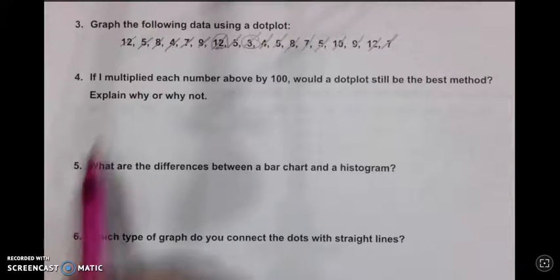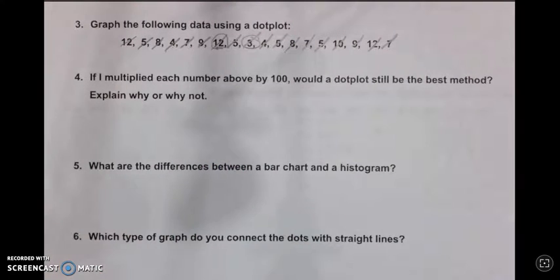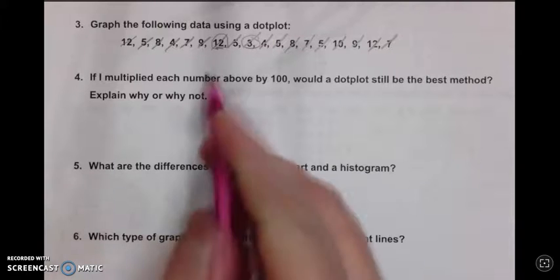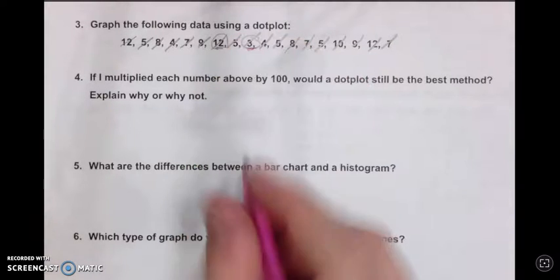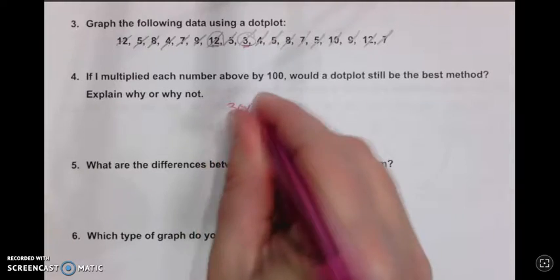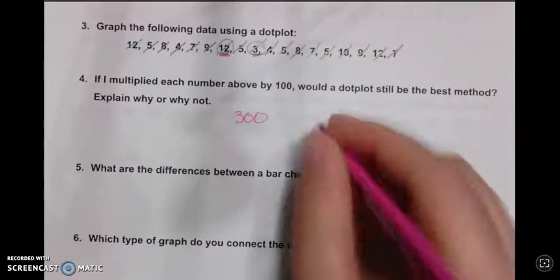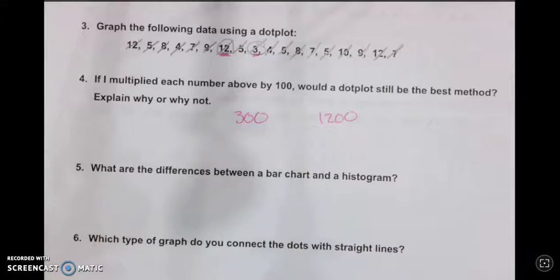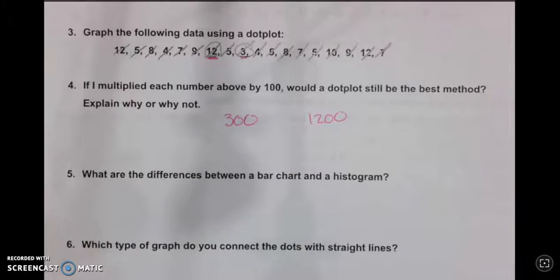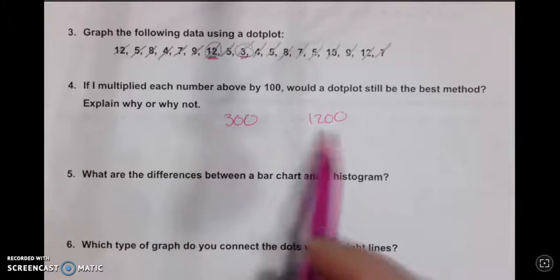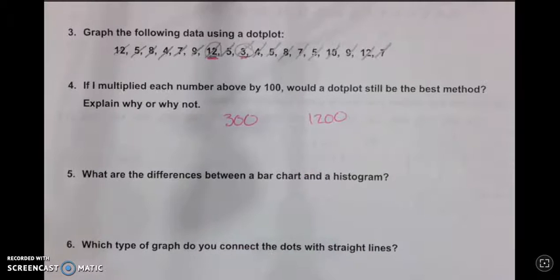So here I said if I multiplied each number above by 100, would a dot plot still be the best method? So think about that. The smallest number instead of 3 would now be 300. And the biggest number instead of 12 would now be 1200. And dot plots need to count by ones. So you'd have to go from 300 to 1200. That's way too many lines.